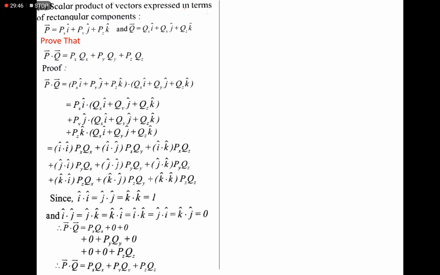If the dot product is of a unit vector with itself, then it is 1, and the dot product of a unit vector with a different unit vector is 0. So by using this, we'll solve the product of the two vectors in the Cartesian coordinate system.